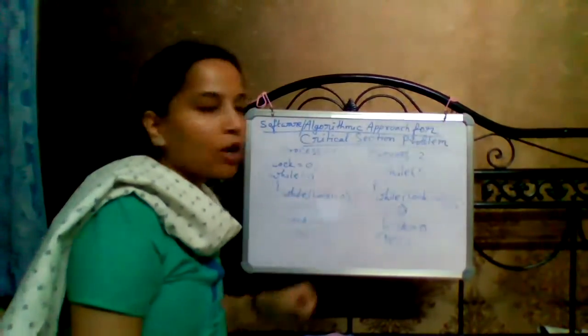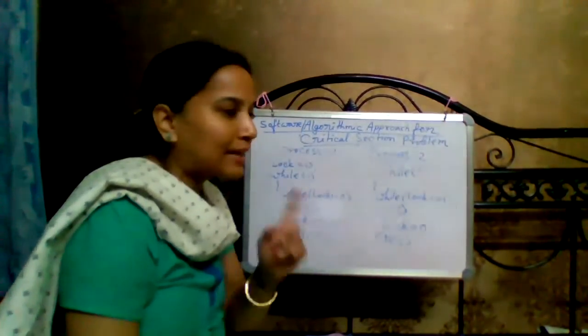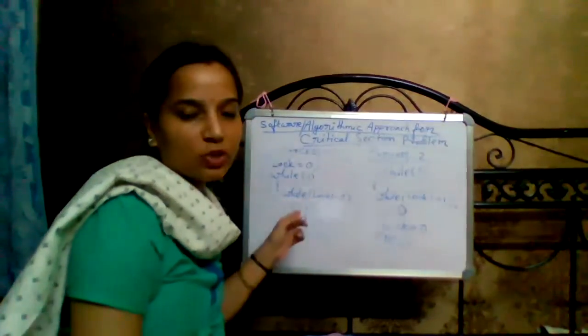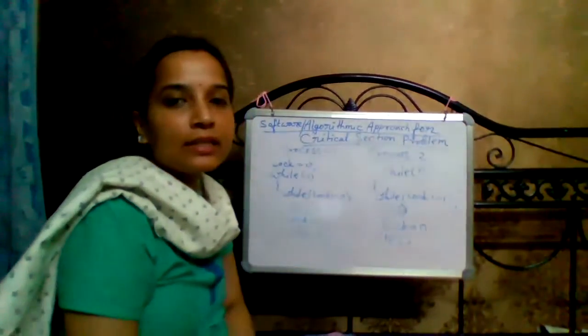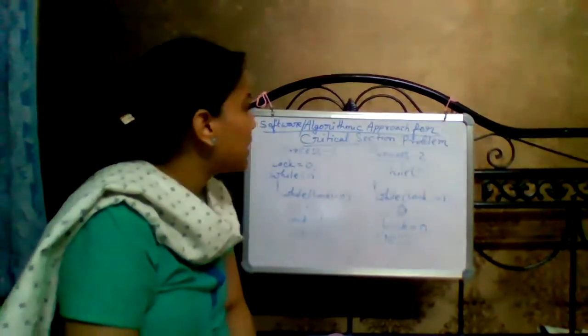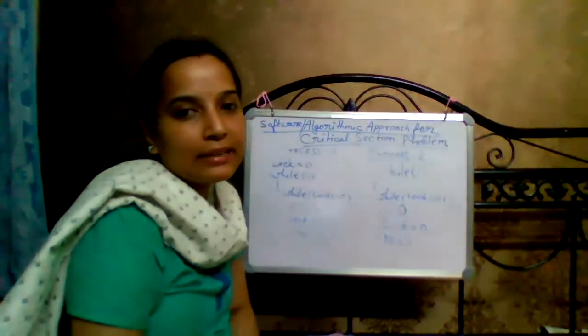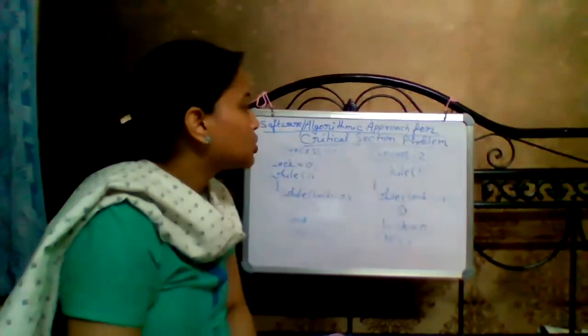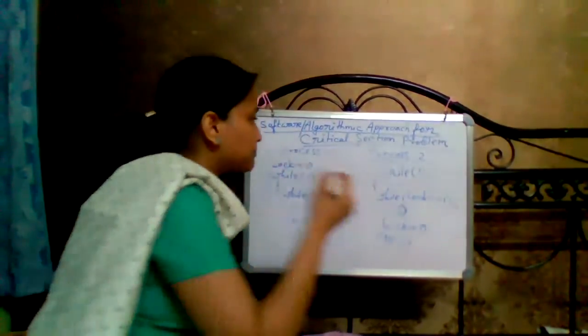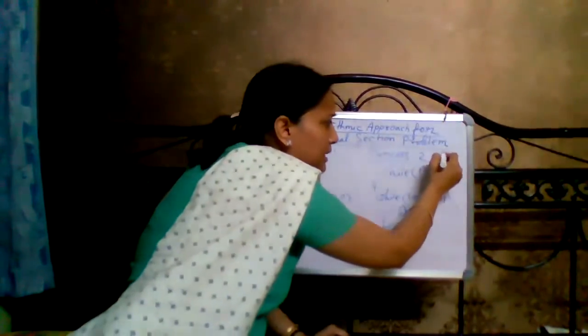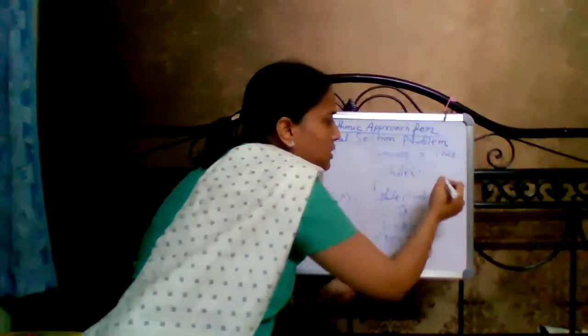If lock is set to 0, only process 1 has its turn. When lock is equal to 1, only process 2 can enter its critical section. So we can say the first part, number 1, is mutual exclusion.